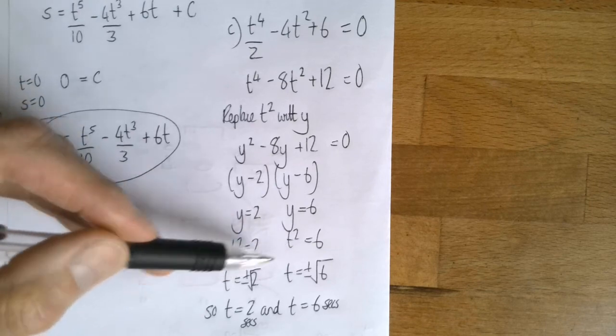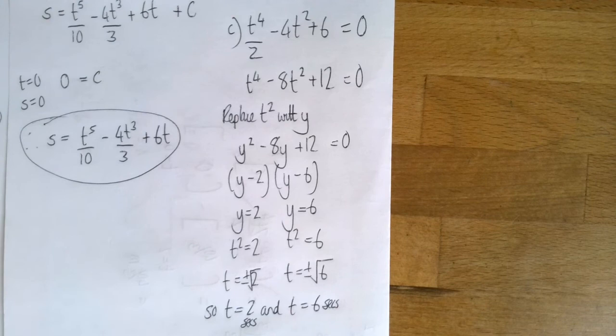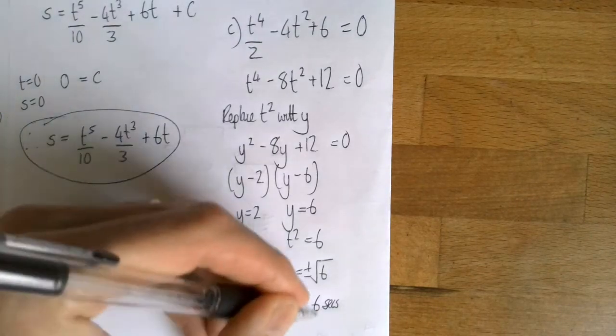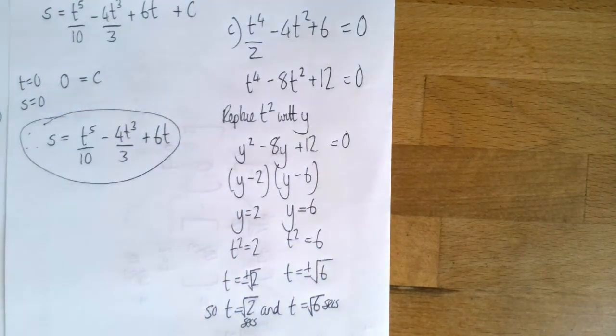I then square rooted those to get 4 possible values of t, but only the positive values make any sense in this question. So t is the square root of 2, and t is the square root of 6 seconds.